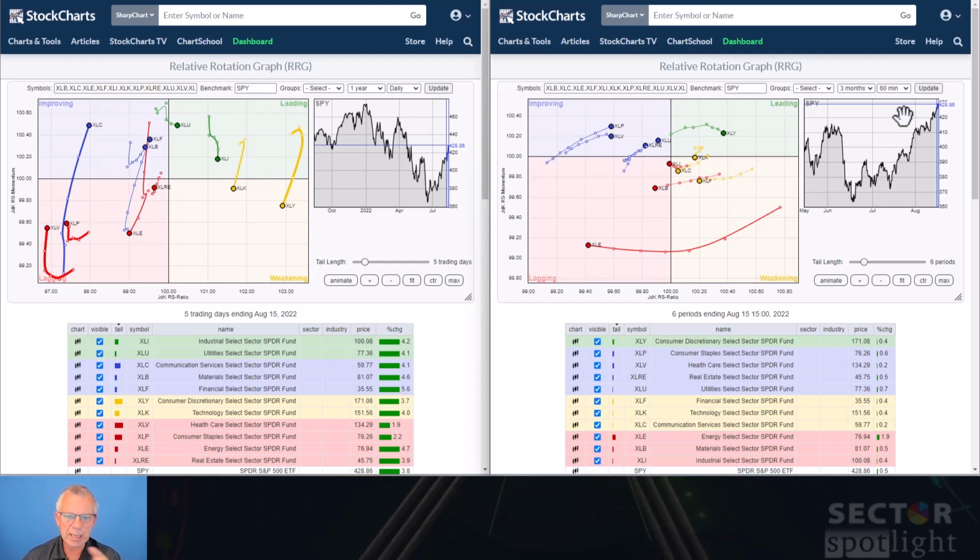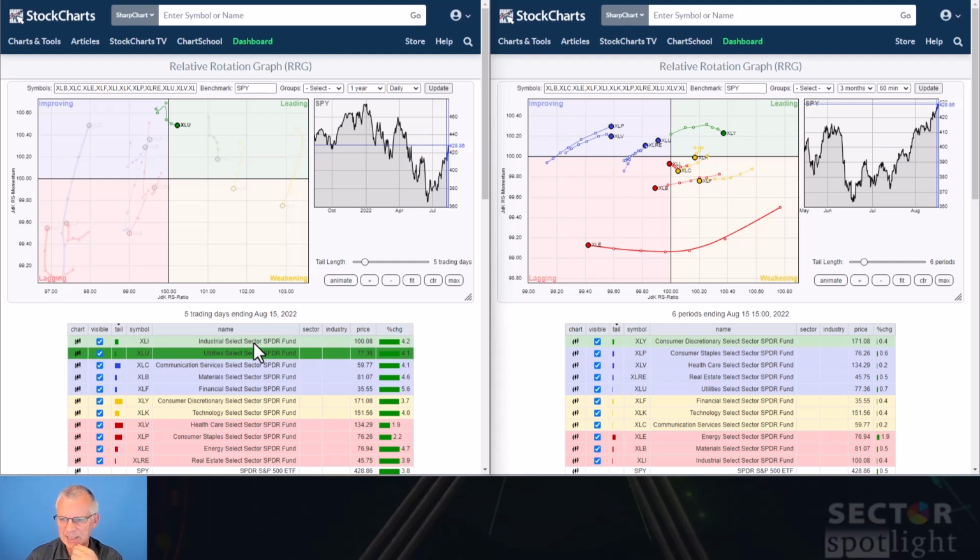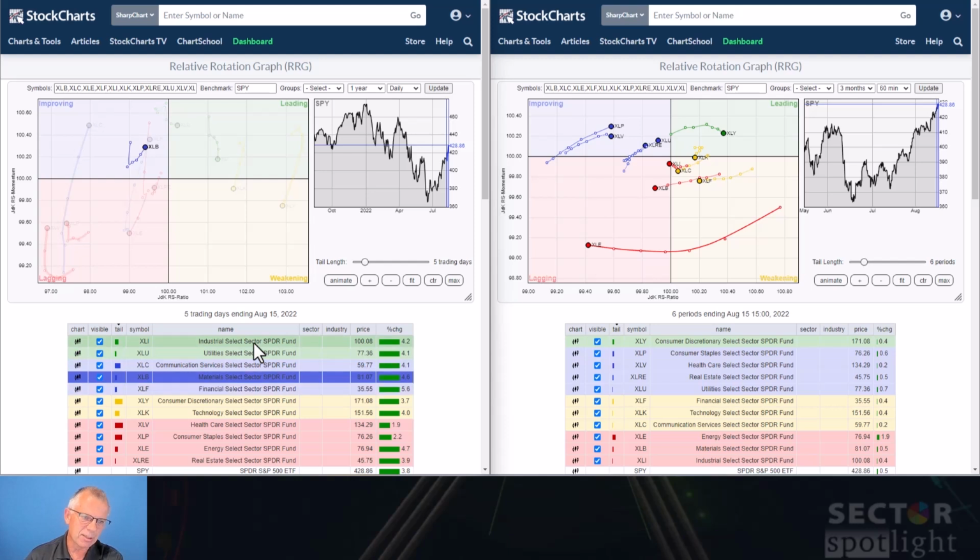So how would we interact with that daily and that hourly chart? Let's see what we find on this daily chart, because that's our big trend. Let's see if we can find anything that's interesting enough to look at. Maybe you're wondering why I'm not looking at XLC.